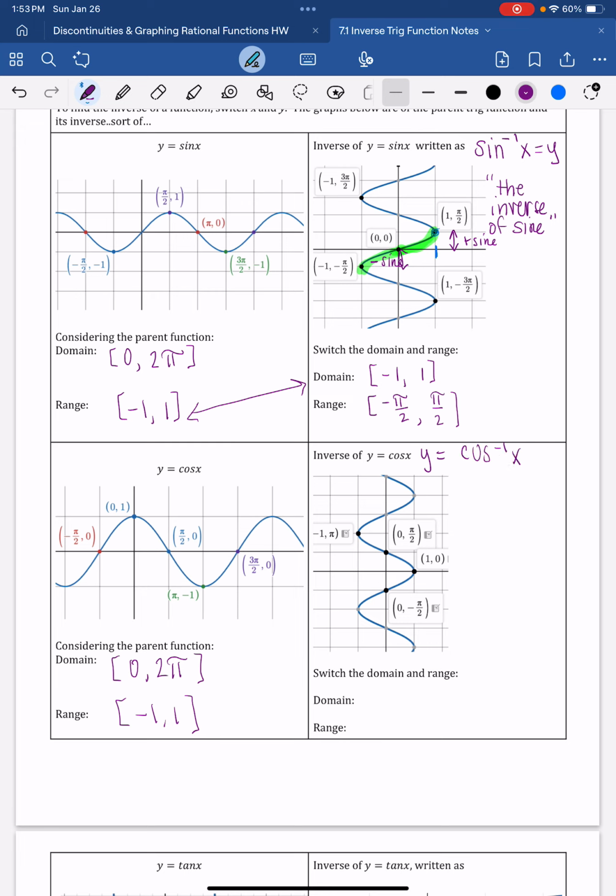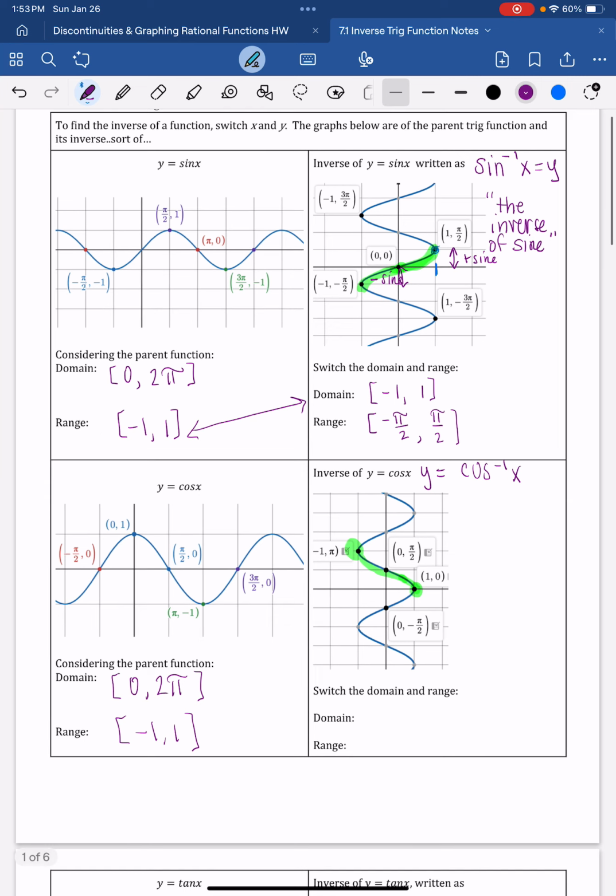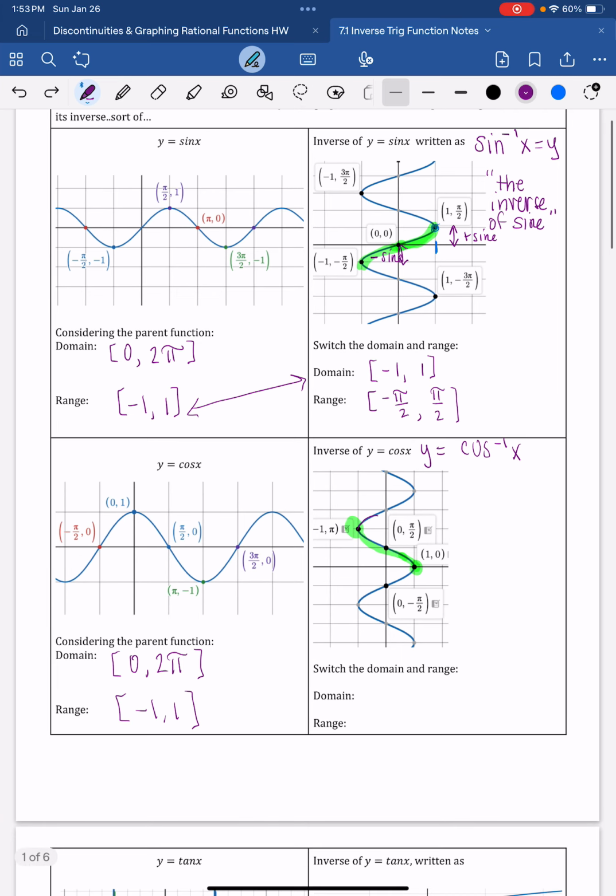And just like for the inverse sine curve, if I start on the x-axis and I'm going up the curve, I have to stop right here, because as soon as I start curving around further, I fail the vertical line test. So what I have highlighted in green is the inverse cosine curve.